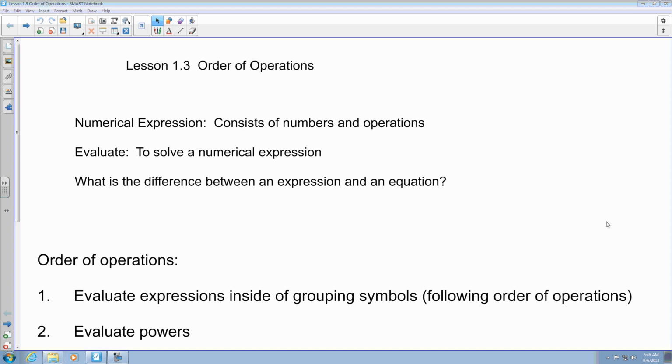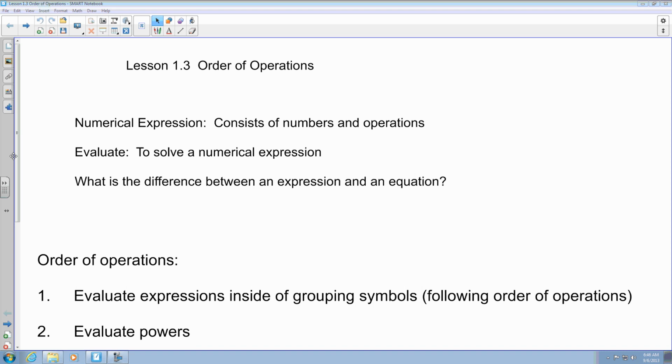So again, we're going to be talking about different ways that we can solve this, and then this here was a review of what we talked about from sections 1.1 and 1.2. We're talking about numerical expressions, evaluate, and what's the difference between an expression and an equation.